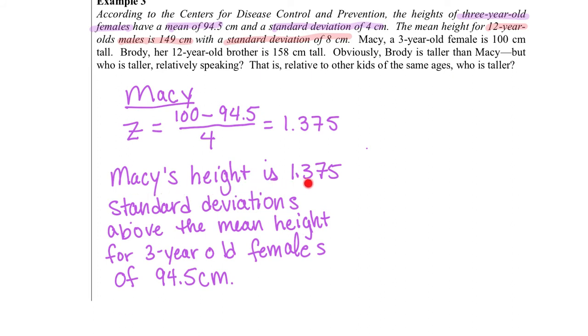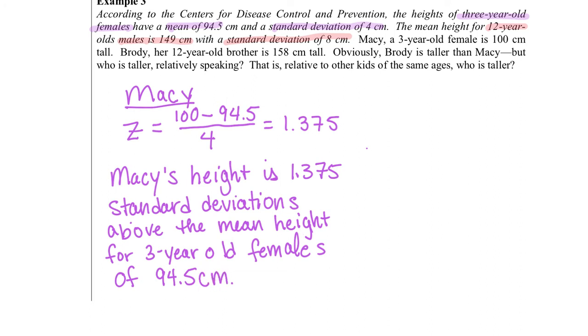Macy's height is 1.375 standard deviations, look, no unit here, above the mean height for 3-year-old females of 94.5 centimeters. These are the things you do need to include. So everything has context. It's Macy's height. It's compared to other 3-year-old females, and it has the original mean with the unit.